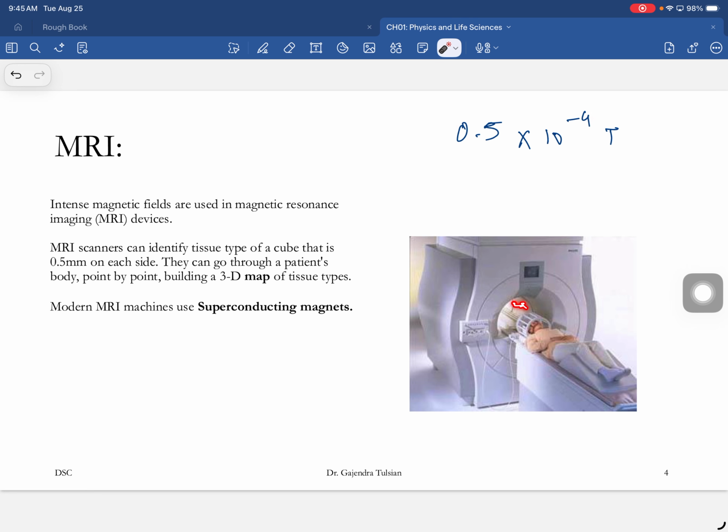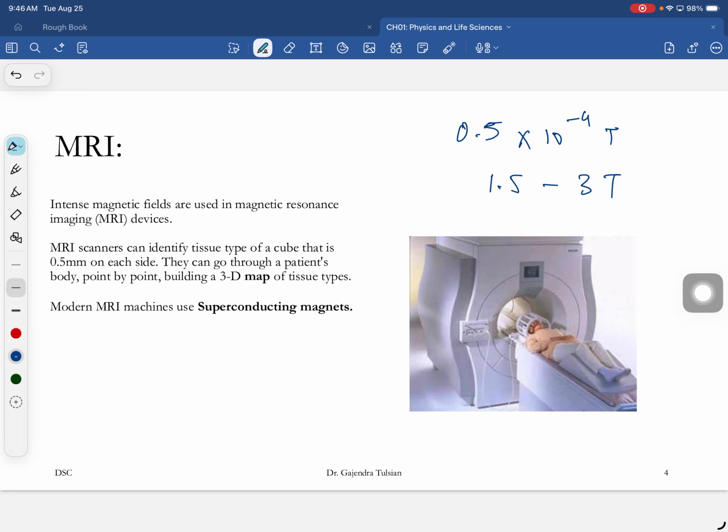The magnetic field in the MRI machine is about 1.5 Tesla to 3 Teslas, so about 10 to 20,000 times stronger.